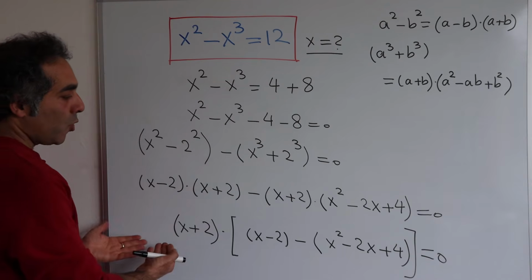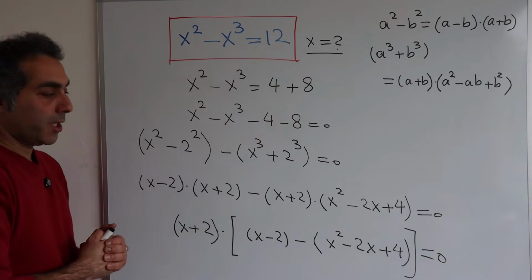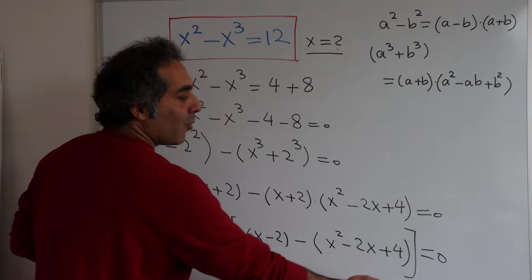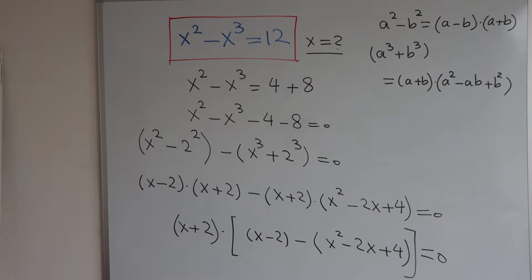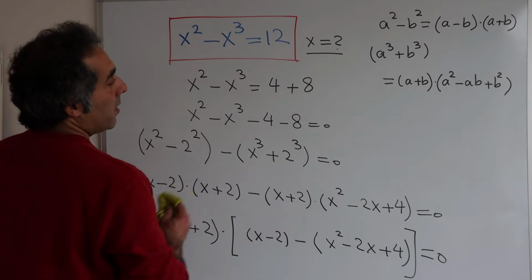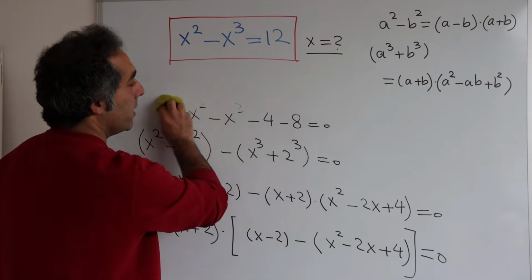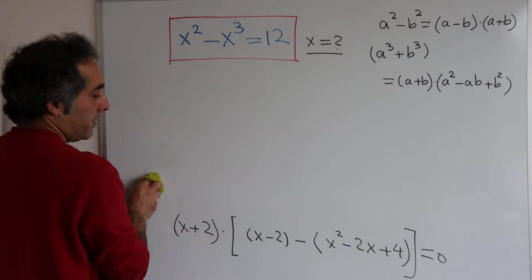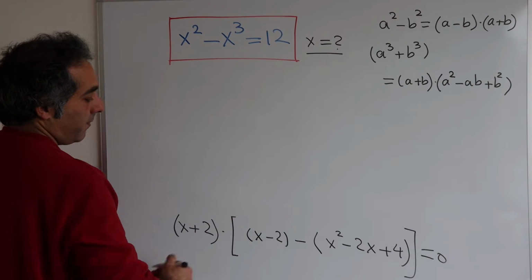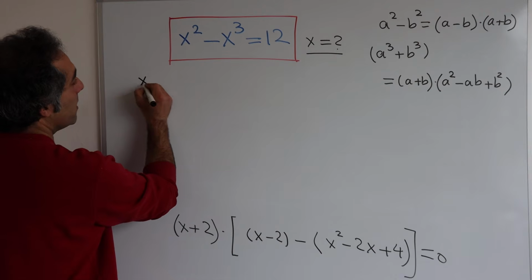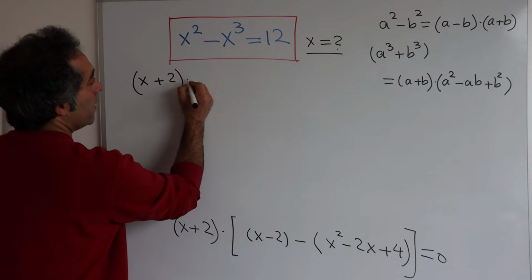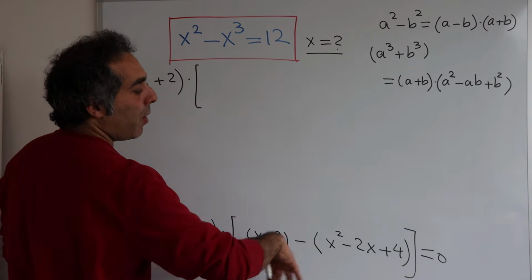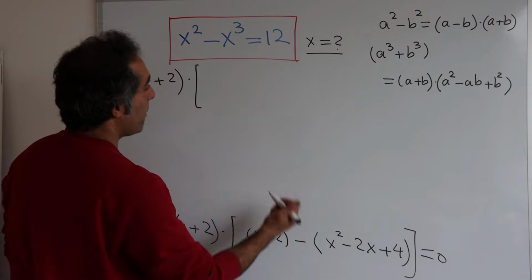So you have this expression and you have to find out the value of x when it equals to 0. To go further, I can erase everything here and write this expression again here. x plus 2 times, I can simplify this expression by taking everything out from the parentheses.